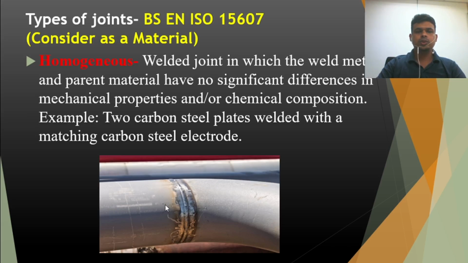Example: two carbon steel plates welded with a mild carbon steel electrode. I show you here the example. As an example, the pipe. If you consider this is the plate, these two sides are also carbon steel, and this electrode also has the same mechanical composition, and everything is carbon steel. So this is called the homogeneous weld.